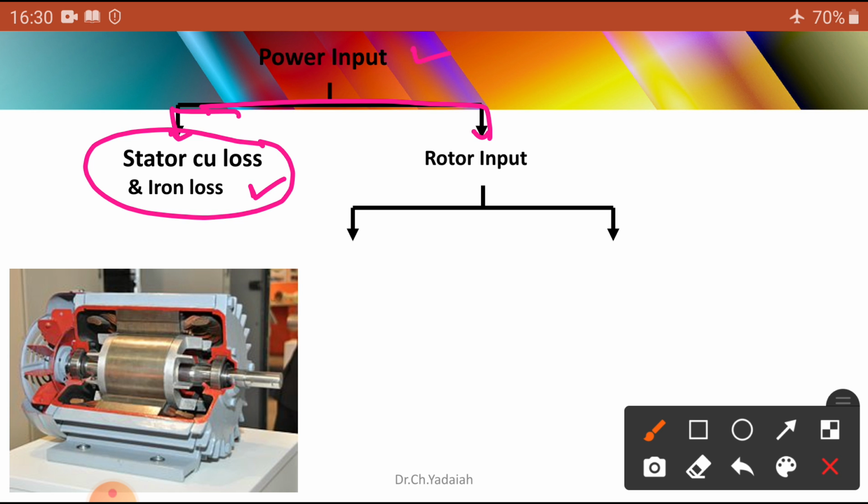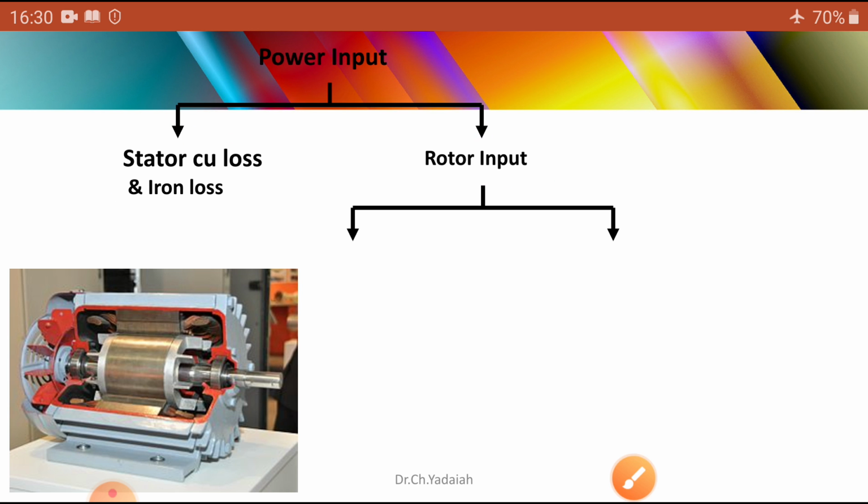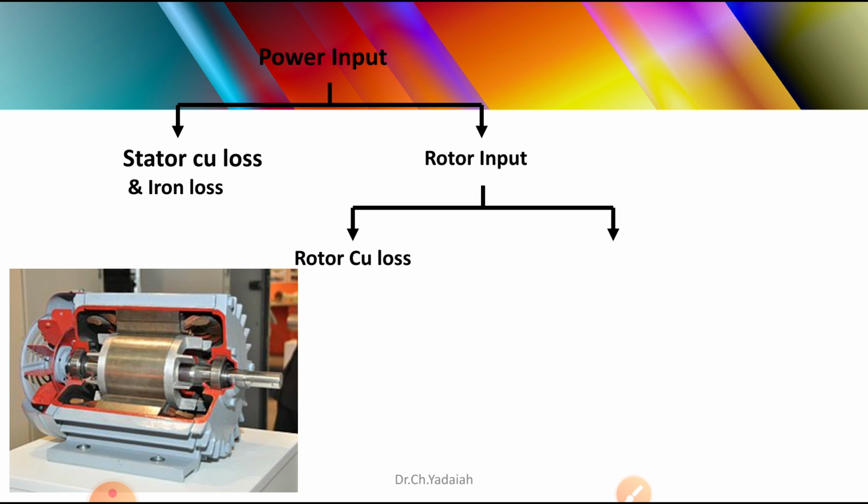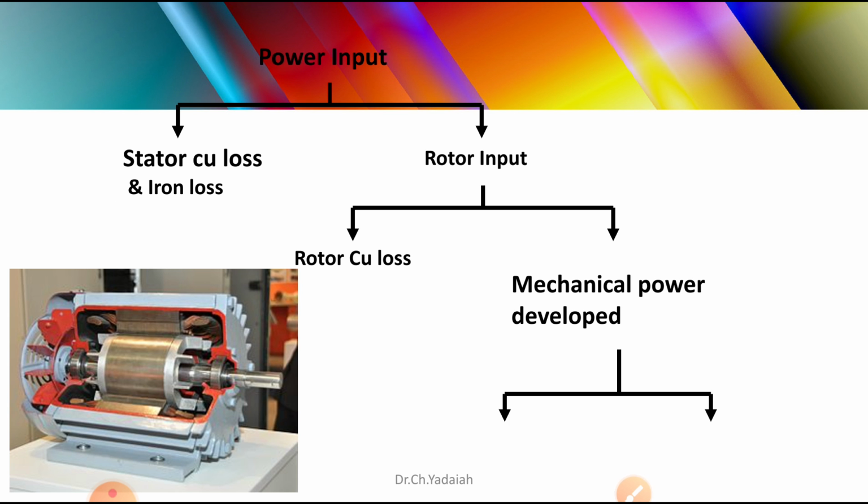After that the rest is the rotor input. The rotor input is supplied to the rotor copper losses and the mechanical power developed, PM. From this PM, some is lost as friction and windage losses, and after that the output comes. So just like in the flow diagram you can see.